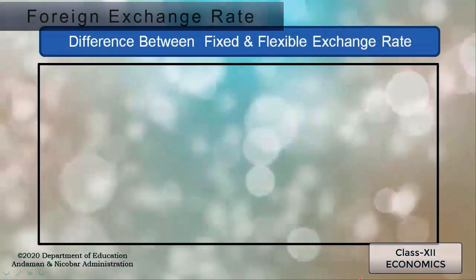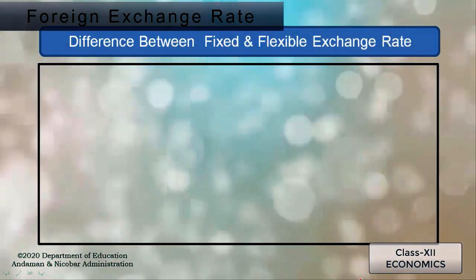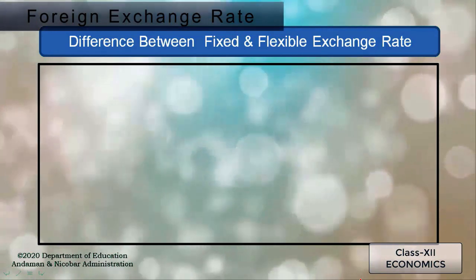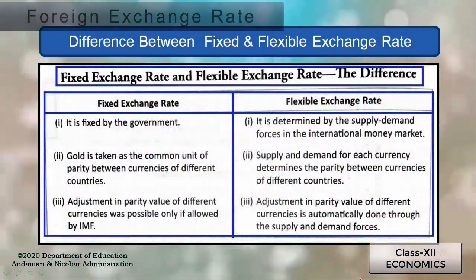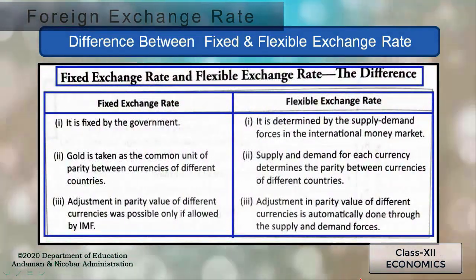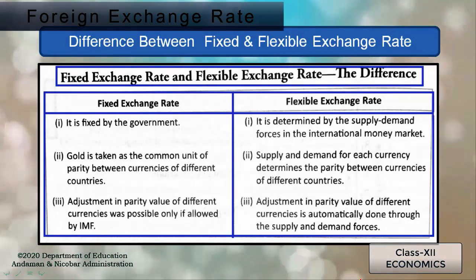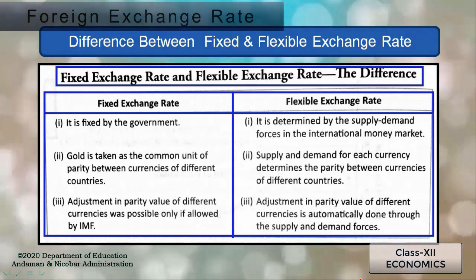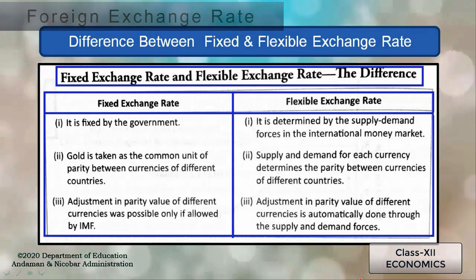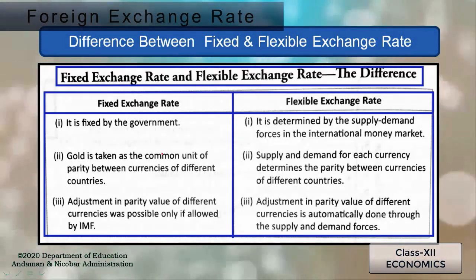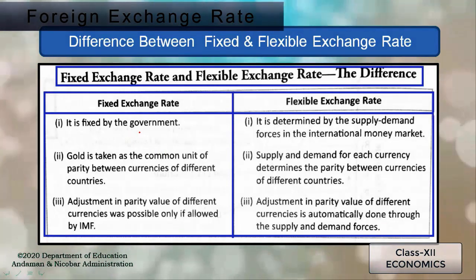Okay students, now we will look at the difference between fixed and flexible exchange rates of foreign currencies. Look at this table here. In this table we have given the difference between two exchange rates, that is the fixed rate and the flexible rate. So far we have studied the fixed rate and the flexible rate.